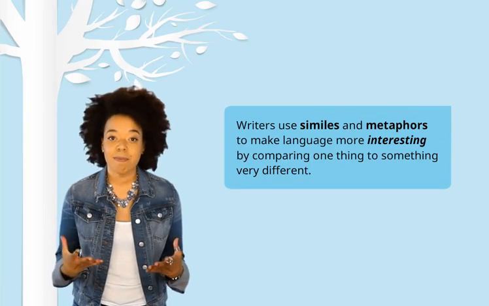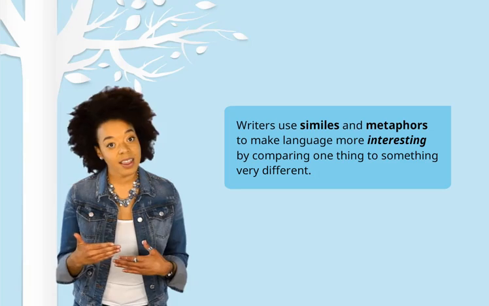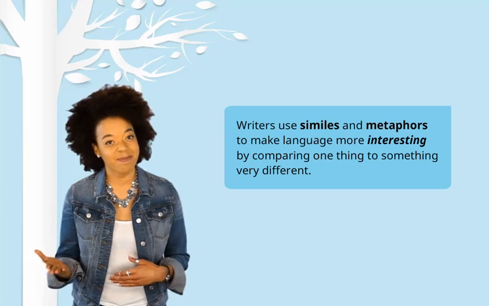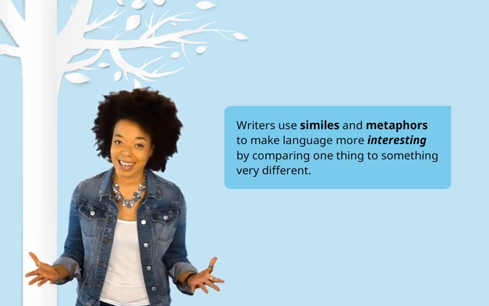Writers use similes and metaphors to make language more interesting by comparing one thing to something very different, like a blanket and snow. Looks like these guys are still stuck on spiders.